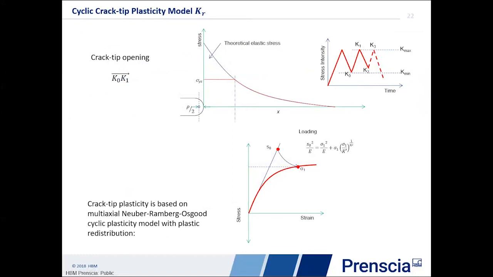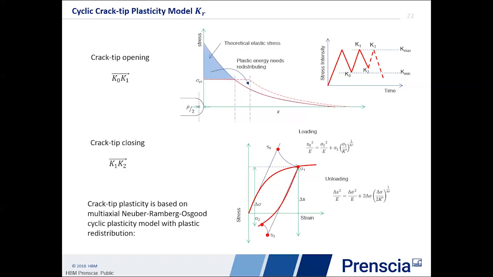Now, one of the things that we do see is that these are all elastic calculations, so we typically end up over predicting the yield stress. What we do is back down the stresses to the yield stress and then redistribute the energy in front of that crack. So we're just predicting what the effect of the plasticity will be in front of the crack.